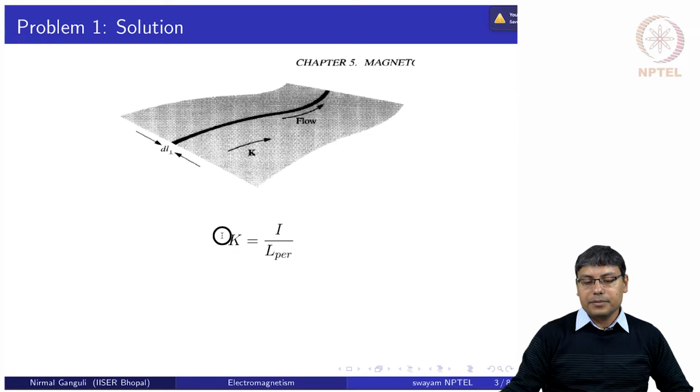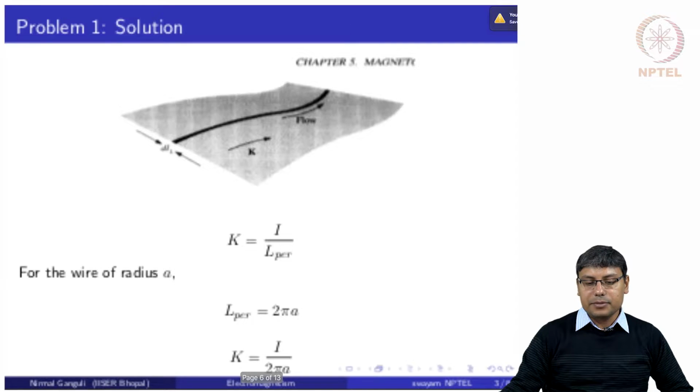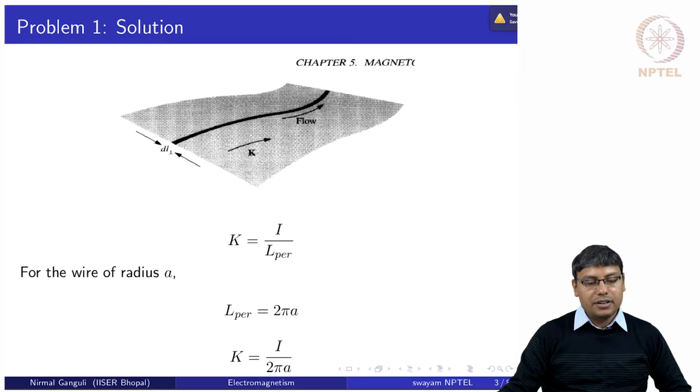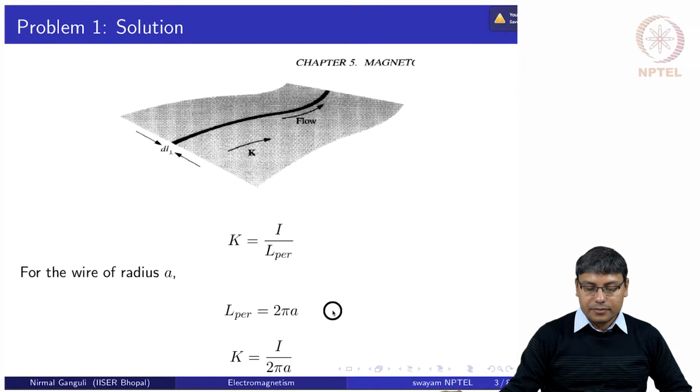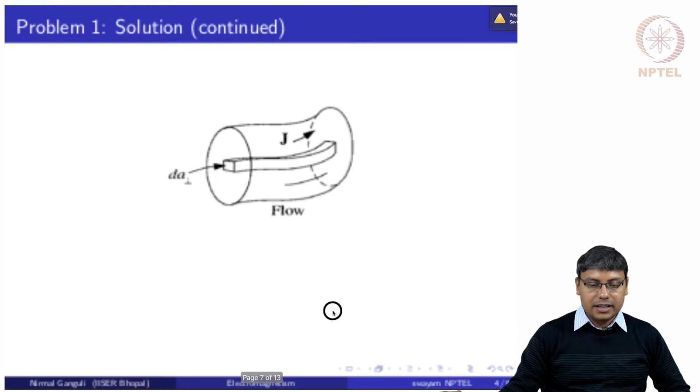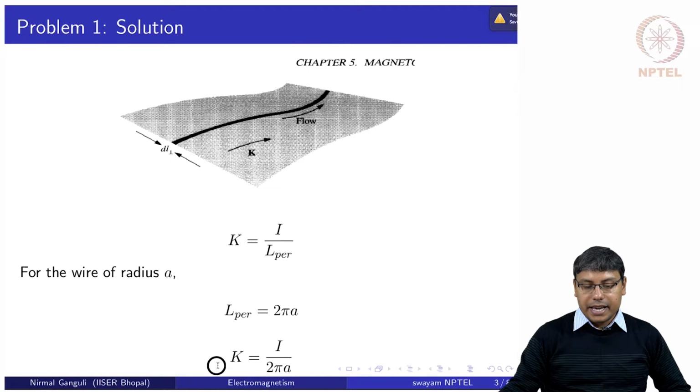So, K is I over L perpendicular, and for the cylinder of radius A, L perpendicular becomes twice pi A, the circumference of the cylinder. And if that is the case, then K can be given as I over twice pi A, that is simple.